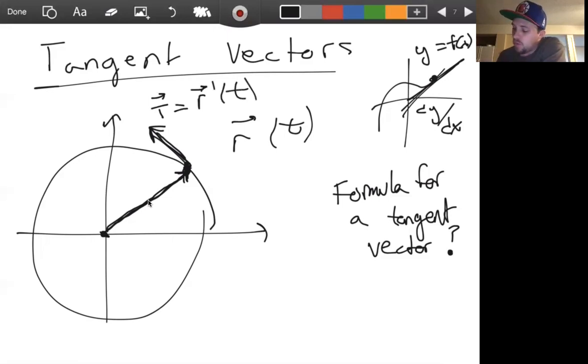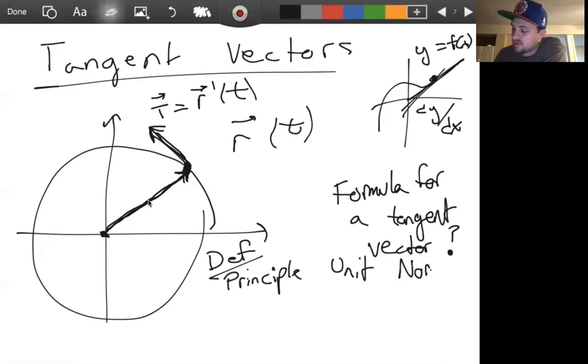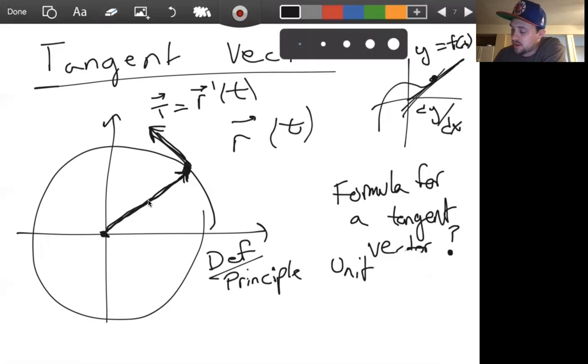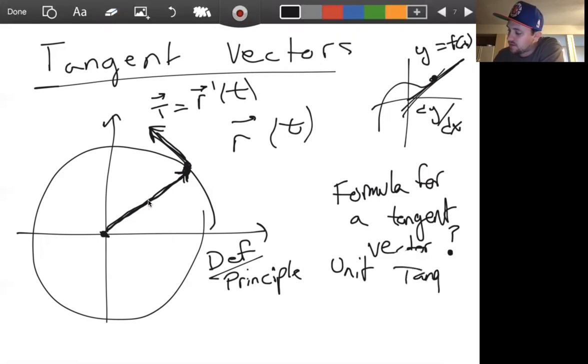And now what we'll define is the principal unit tangent vector, not unit normal vector. We'll get there later.